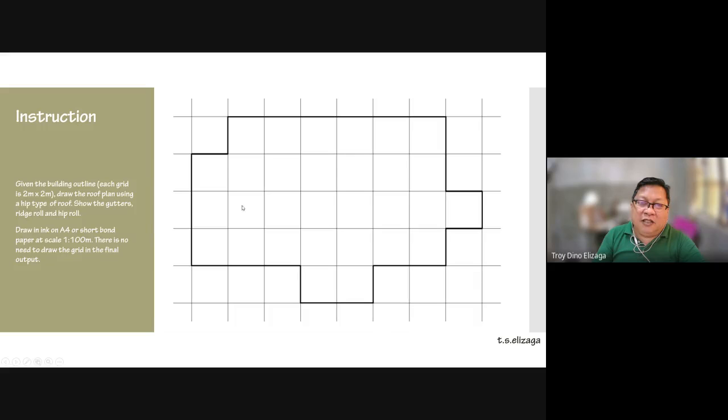And then the other parts, which are the gutters and the valley roll and the hip roll and the ridge roll, should be made of fine line. And then don't forget to indicate the slope directions. You can just do that with a simple arrow, not an overwhelming arrow. And then also indicate the edge of the building walls by a hidden line or dashed line. Okay, so those are pointers.